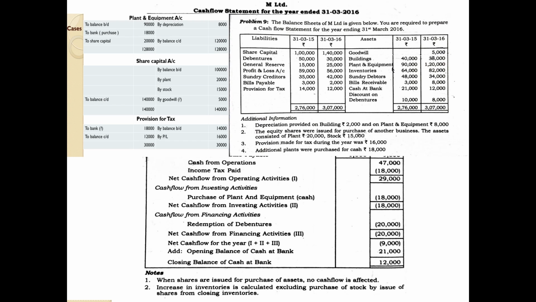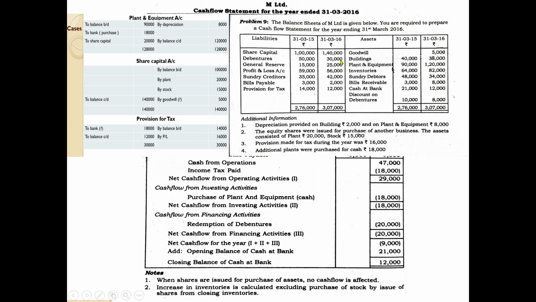And if you go through the items and adjustments, you can see that almost all the items have been dealt with in different situations in the case of the fund flow statement as well as the cash flow statement. The only adjustment that has to be kept in mind is that here in the question there is no information regarding debentures redeemed during the year. The only information we have is the debenture opening balance and closing balance.